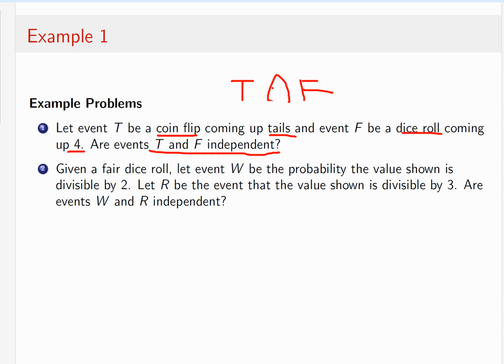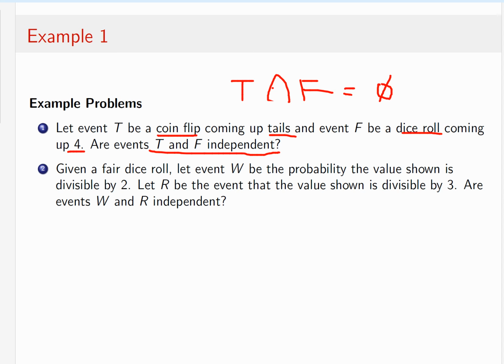Why? Because whatever the dice roll was shouldn't influence the coin flip, and whether the coin came up heads or tails shouldn't influence the dice roll, right? And it turns out that yes, they are independent. So this is the good example.